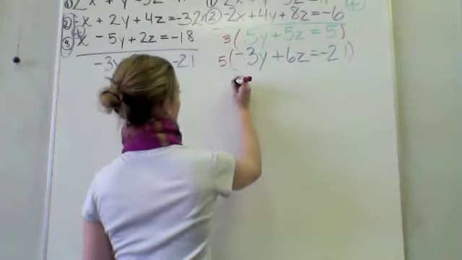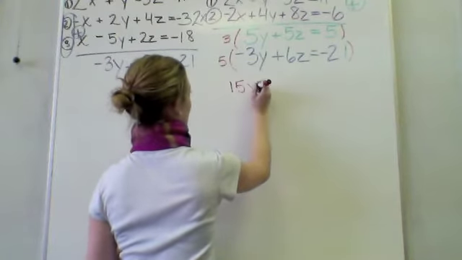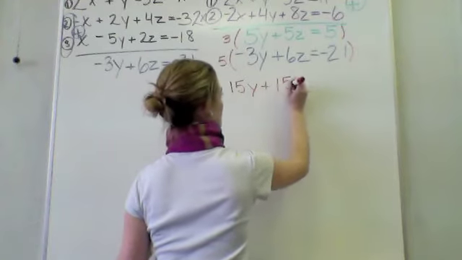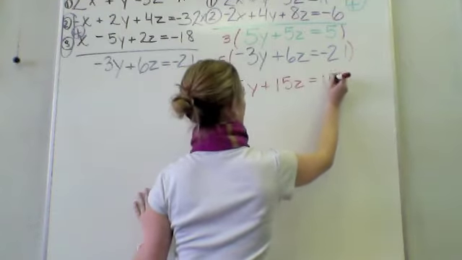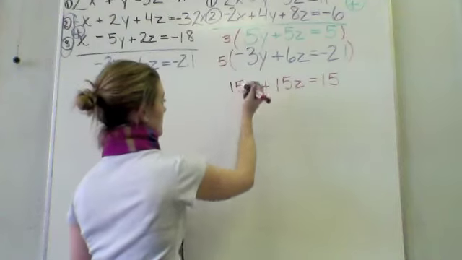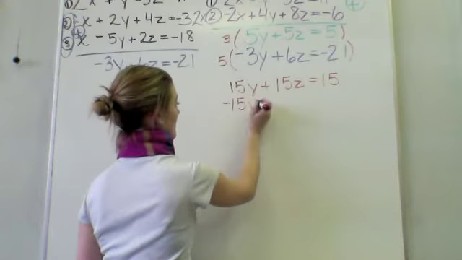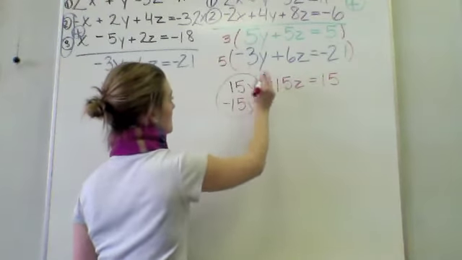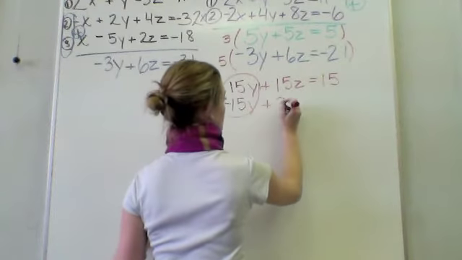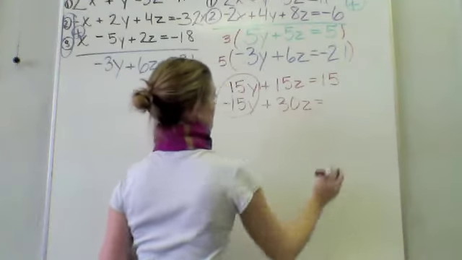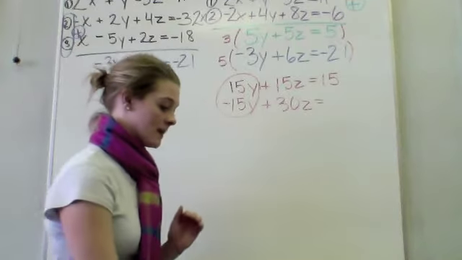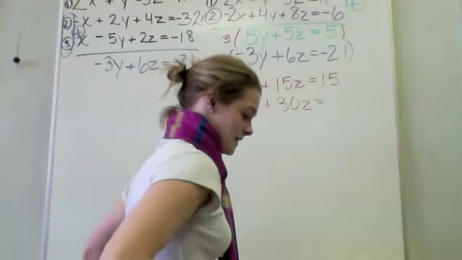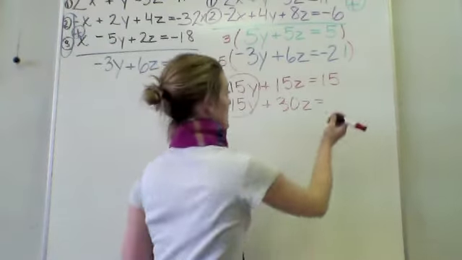So now this is going to become the equation 15y plus 15z equals 15 on the top. And the second one will have negative 15y. Remember, that's why I wanted to cancel these two out. 5 times 6 is going to be plus 30z, and that's going to be equal to 5 times negative 21. Well, 5 times negative 21 is going to give me negative 105.